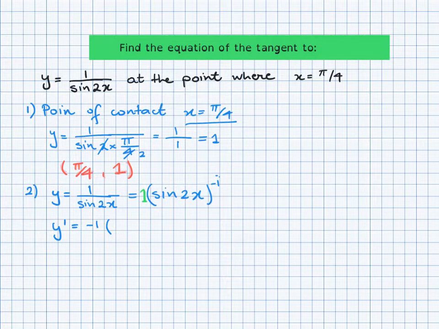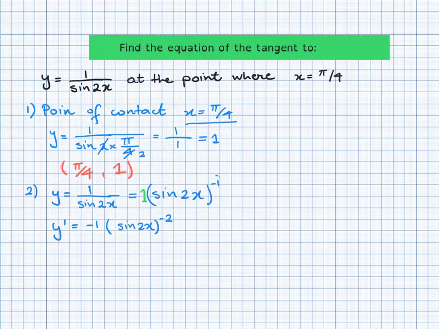Copy everything that we have inside the brackets, which in this case is sin of 2x, and the power negative 1 decreases by 1 and becomes negative 2. Now we have to find the derivative of whatever is inside. So that's the chain rule: power in front, copy everything inside, decrease the power by 1, and then find the derivative of the inside.